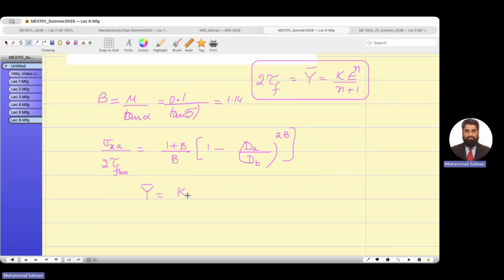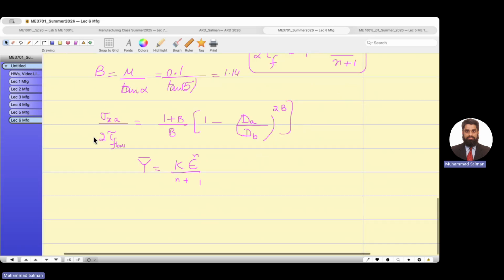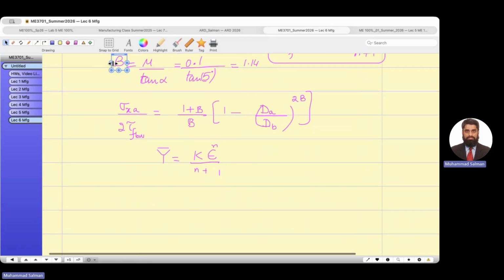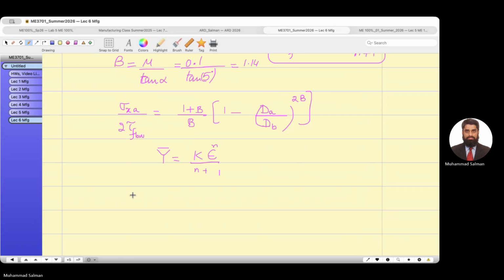Average yielding stress equals K times epsilon to the power n, over n plus 1. Let me write down this whole formula over here. You will see, I'm going to plug in the values before I find the answer. So sigma xa equals K epsilon to the power n over n plus 1.